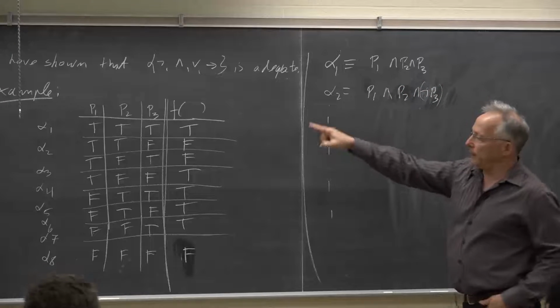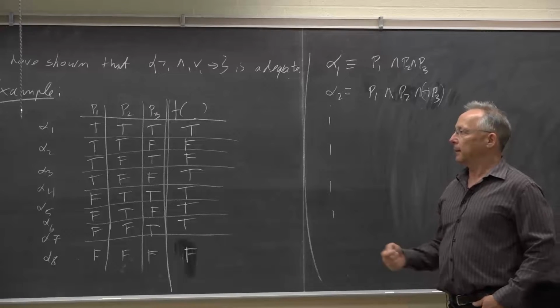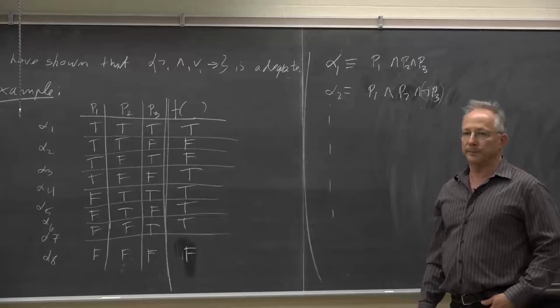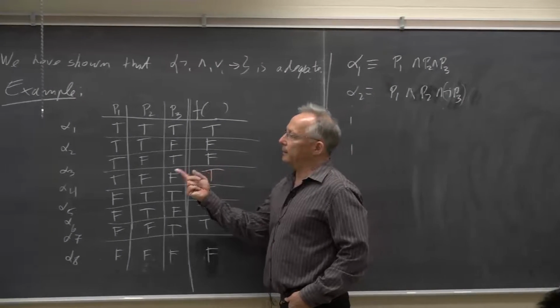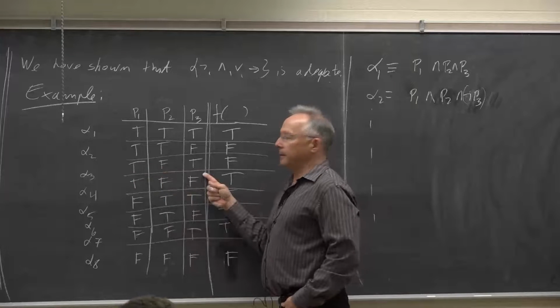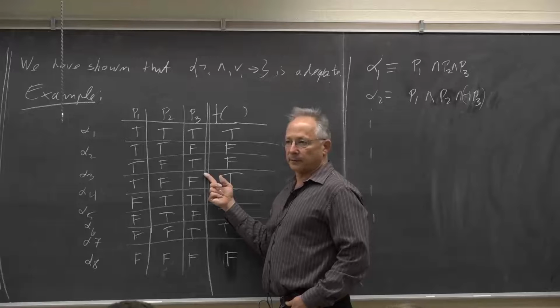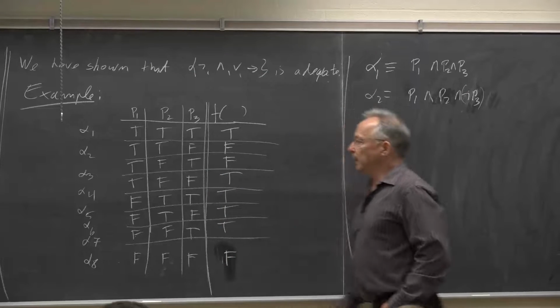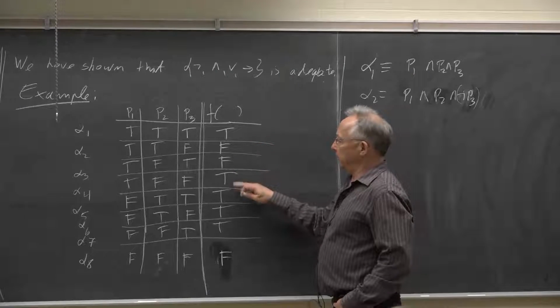So for every row, I pick a formula that describes exactly the assignment of this row. So the special thing about the alpha i is that the only assignment that satisfies alpha i is the assignment that I see here. That's the only assignment that satisfies alpha i. And now I'm only looking at those that end up with T.